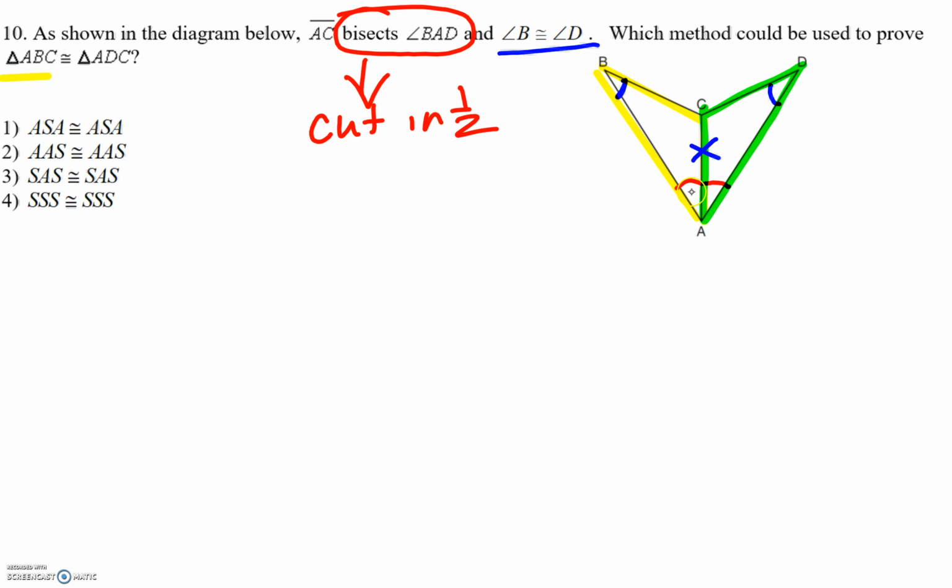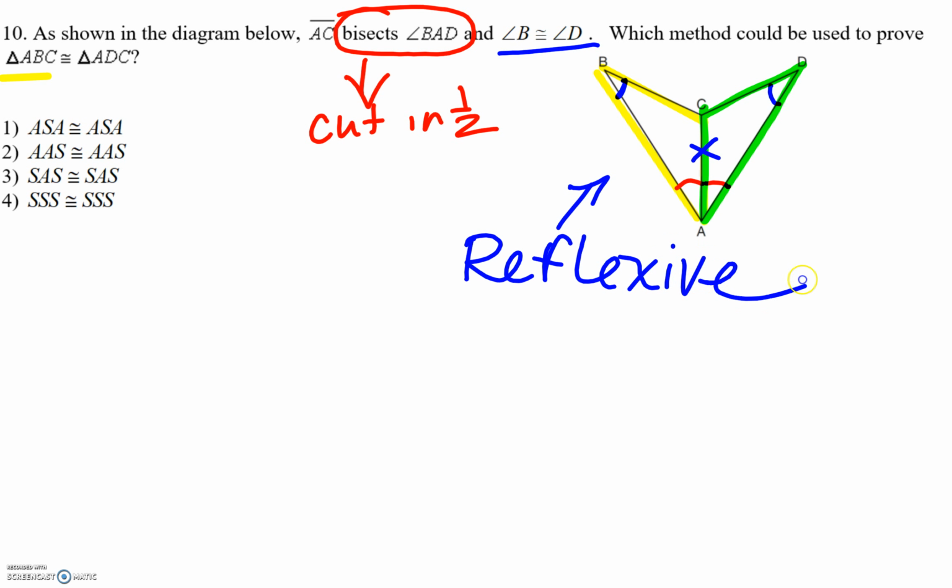So if CA is being shared in both sides, that side is reflexive. It's congruent to itself. So we have 3 pieces of information. Let's see if it works. We have angle, side, we have an angle, side, which is choice 2.